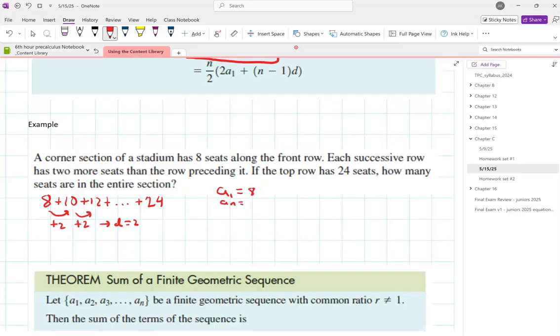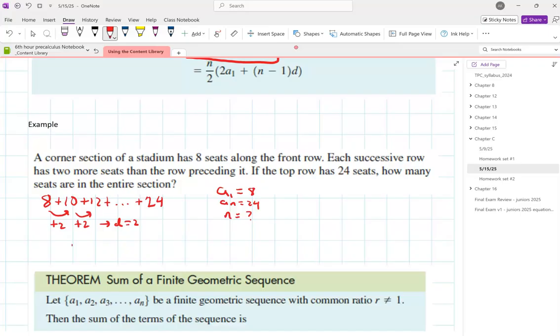We know the nth term is 24, but we still need to find n, right? You could do it the brute force way, write out that addition problem and count how many numbers it took before you got to 24. Not wrong to do it that way. If it was going to be like 100 things you'd have to add up, though, that's pretty annoying and awfully easy to miscount something.